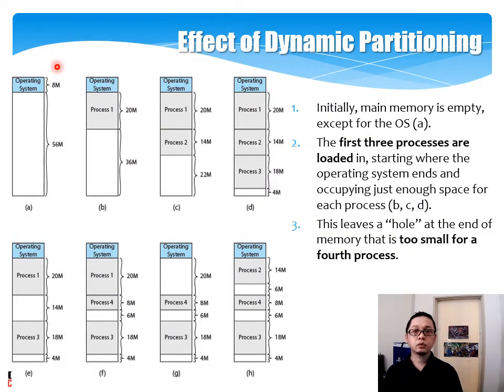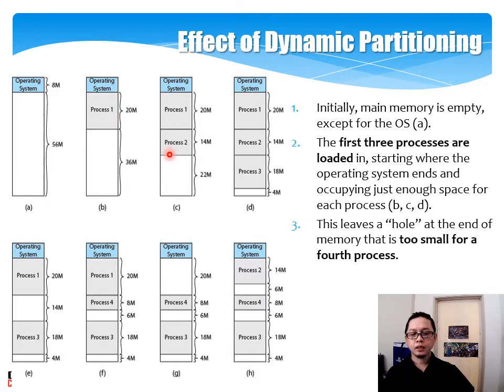So in order to illustrate the effect of dynamic partitioning, let's look at this diagram. In diagram A, you have a very large available space that can be used by processes. So let's say process 1 comes in and it just needs 20 megabytes of memory. So that first 20 megabyte partition is given to process 1.